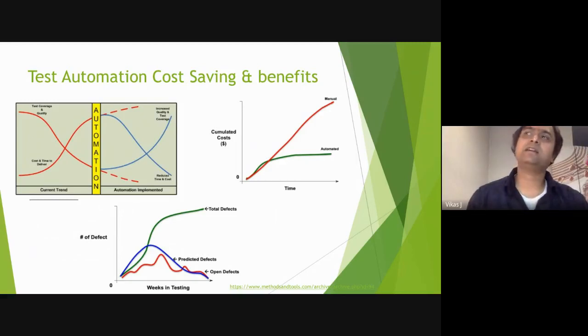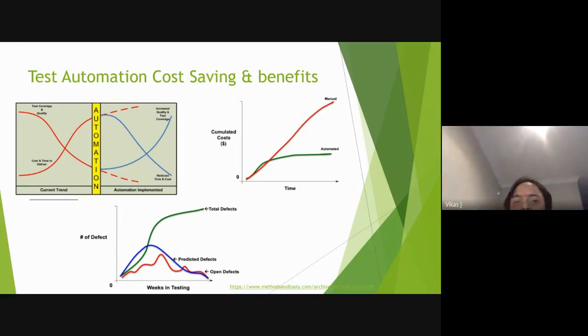So that's your return on investment, basically. At that point you get more return on investment. And then the third graph is talking about the defect detection rate and how exactly we can identify more defects using test automation.